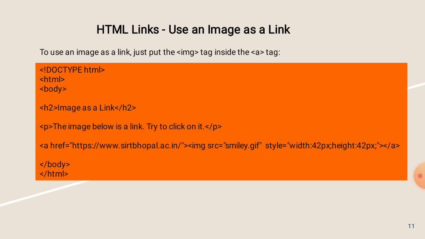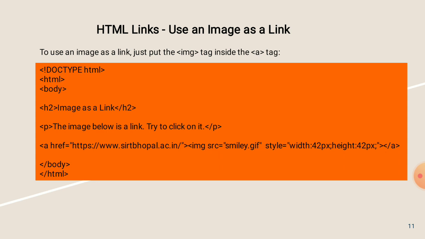Our example is: HTML start, body section start, then h2 heading, image as a link, heading close. Then we declare a paragraph: the image below is a link, try to click on it, this is a simple paragraph.